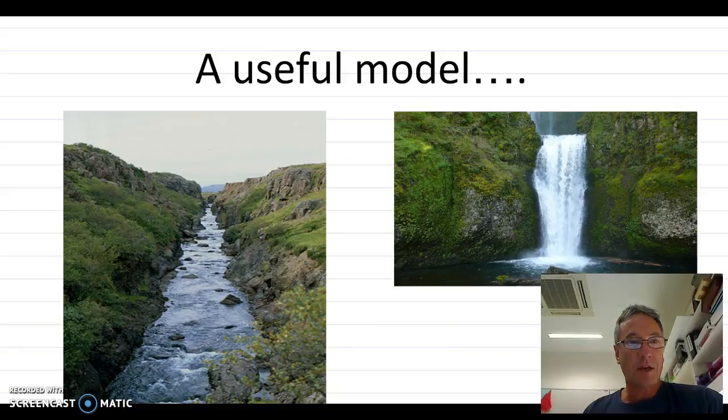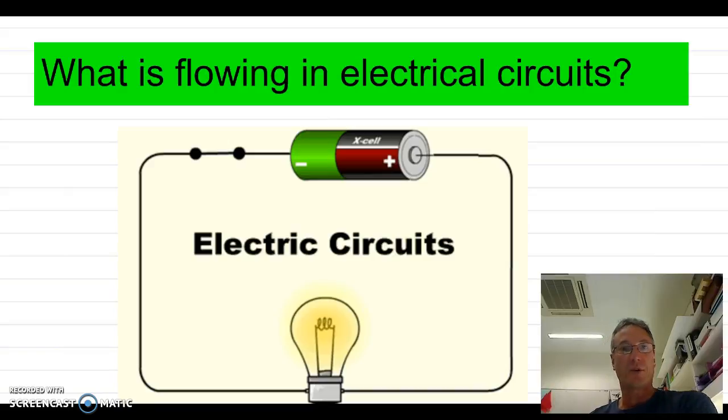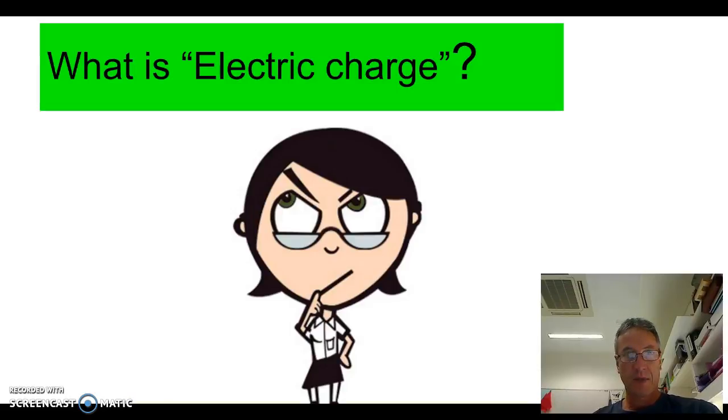In a river where there's a current, it's the water that's flowing, but what's flowing when we're talking about electrical circuits? What's moving around the wire? Well, it's electrical charge that's moving in a wire. But what's electrical charge?